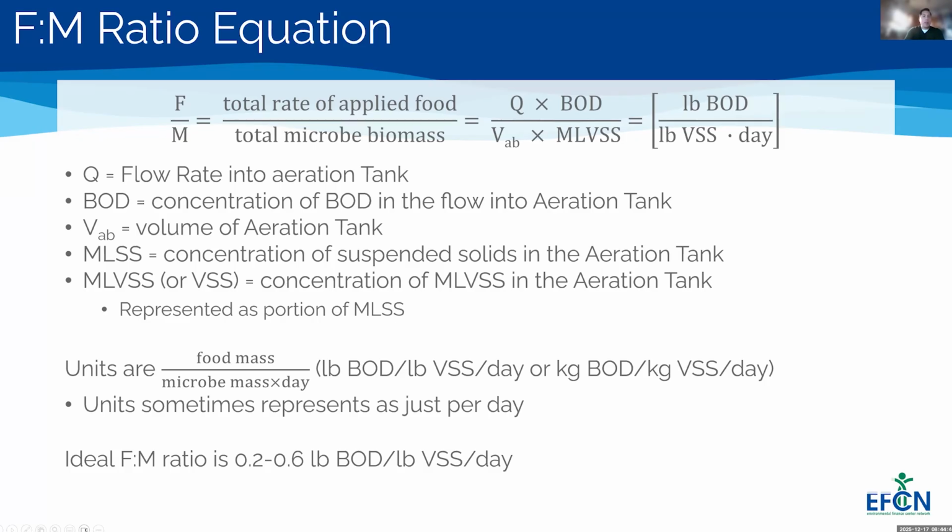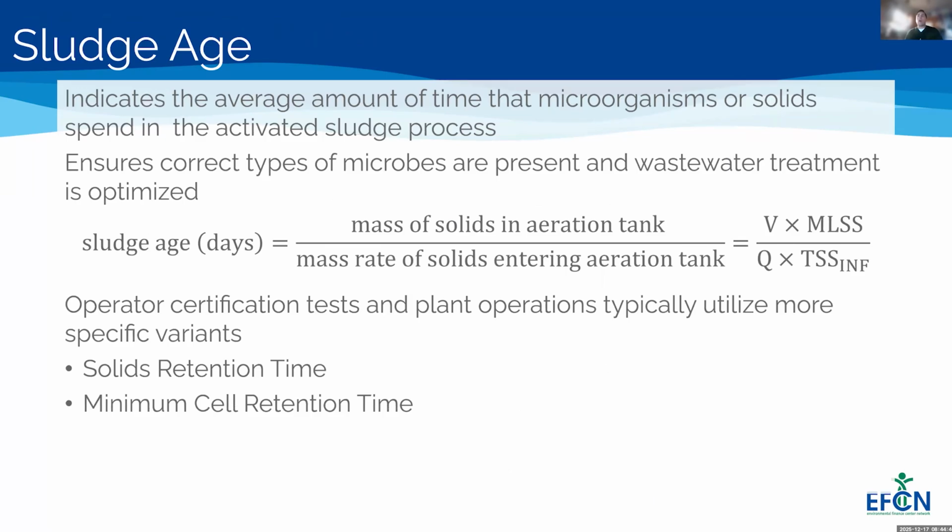And then, like I said, we also have the sludge age parameter. Our sludge age will indicate the average time that microorganisms or solids spend in the activated sludge process. On a general level, this is explained by the mass of solids overall in the aeration tank and the mass of solids entering the aeration tank.